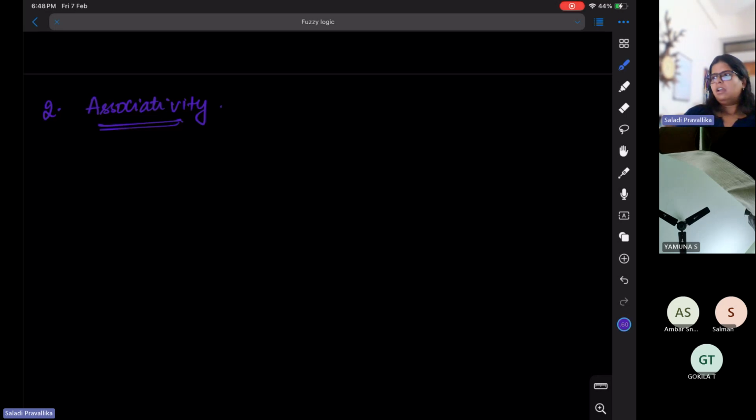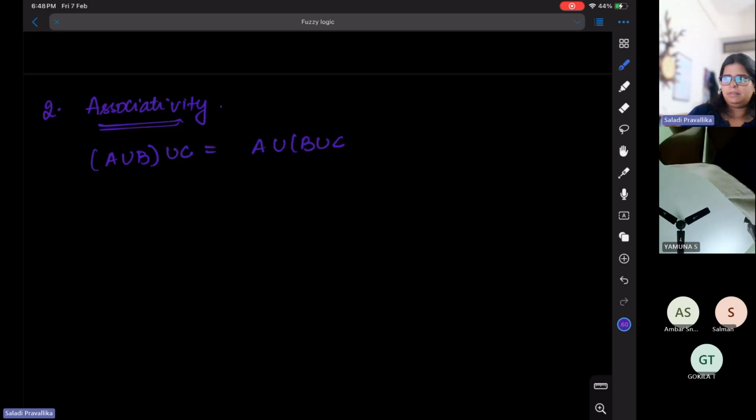Associativity is nothing but (A union B) union C is equal to A union (B union C). So if you keep your brackets here or between the second and the third element, it is essentially going to give you the same output. So let's define C as well.